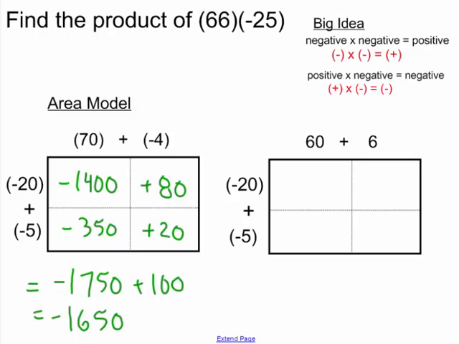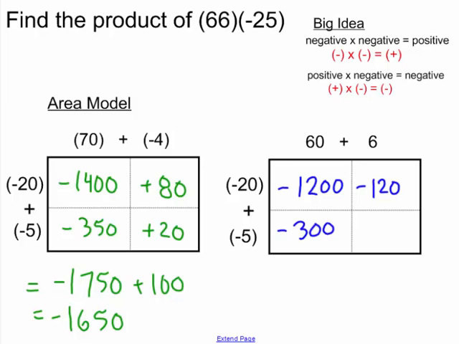If I move over to my second example, I've broken this down just a little differently. I used all positive numbers across the top. So I'll run through this fairly quickly. Negative 20 times positive 60. Negative 20 times positive 6. Negative 5 times positive 60.